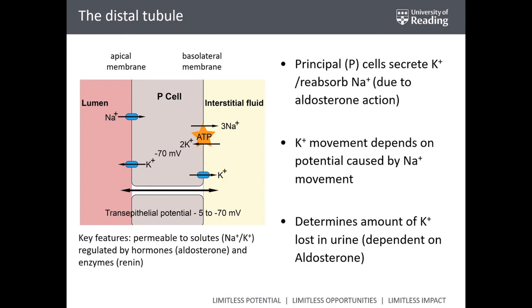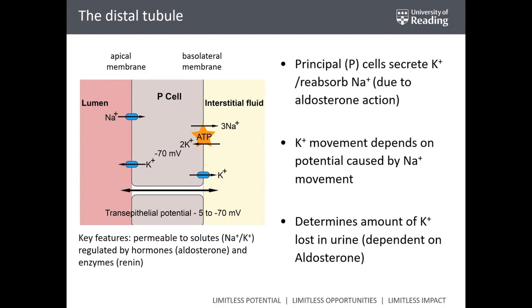So the amount of sodium that is reabsorbed, and hence the amount of potassium which moves back into the lumen, determines how much potassium is lost in urine. And this is once again dependent on aldosterone.